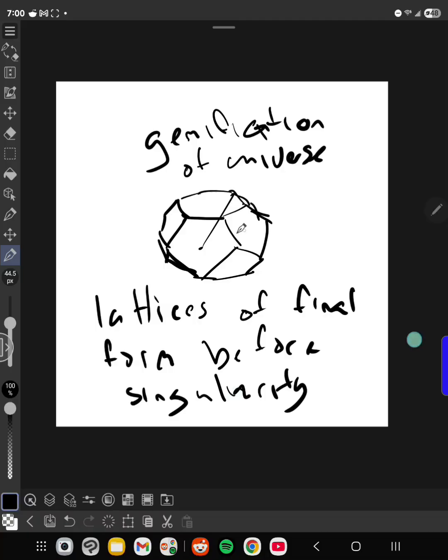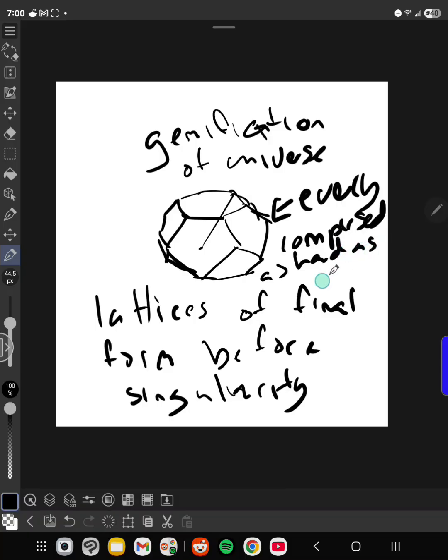So that means that this is everything compressed as hard as possible, as hard as able, relativistically in spacetime.